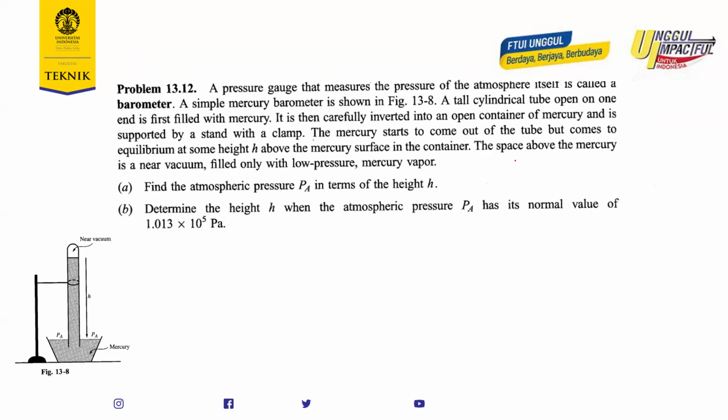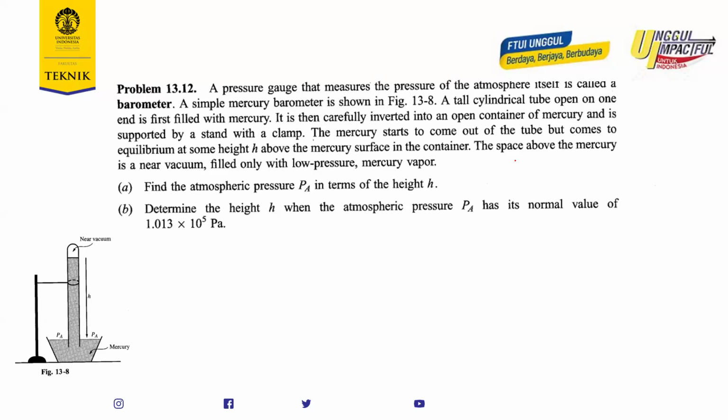Okay, and then the second problem. A pressure gauge that measures the pressure of the atmosphere itself is called a barometer. In a simple mercury barometer, shown in this figure, a tall cylindrical tube open on one end is first filled with mercury. It is then carefully inserted into an open container of mercury and is supported by a stand with a clamp.